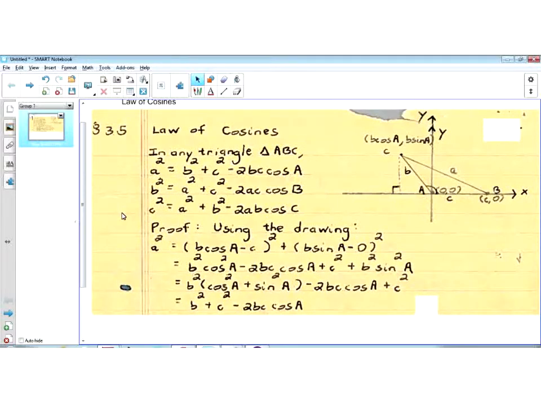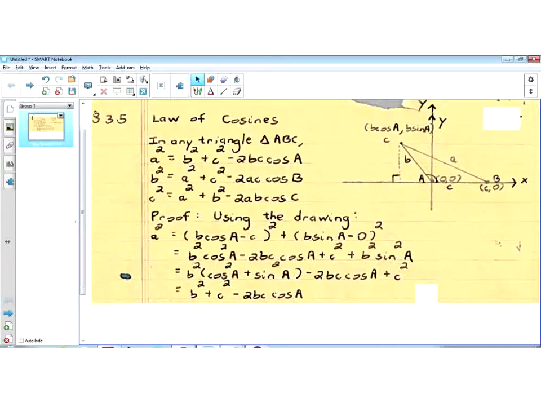All right, so how do we know this? What are the coordinates of the vertex of angle C right here?